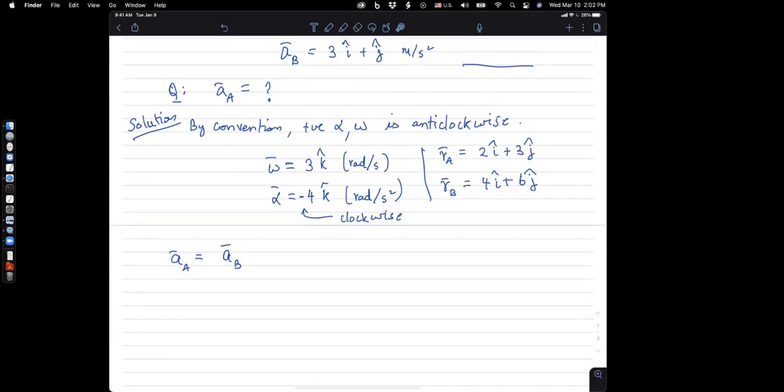a_B plus alpha cross R_A with respect to B, and then minus omega squared, where omega is now the scalar, in this case 3, times R_A with respect to B. Before we plug things in, we can compute what R_A with respect to B is.